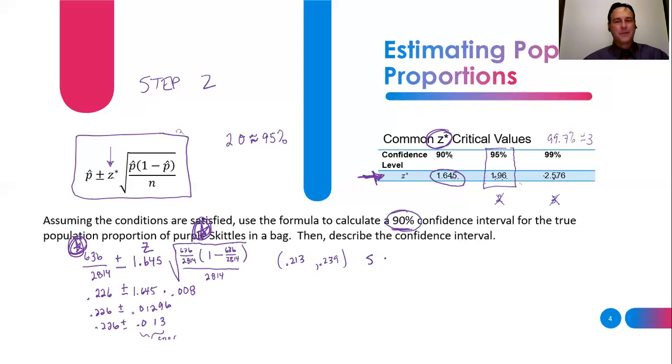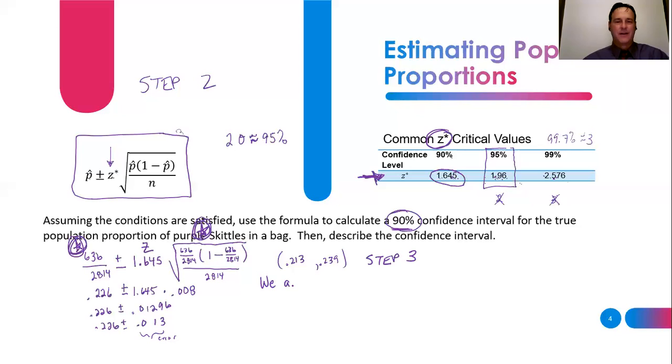And step 3 you've done before too. We're just going to make a sentence for this. I'm going to attach the sentence to the very last slide to see if you still remember it. And I'm using a different percentage, I'm using 90%.